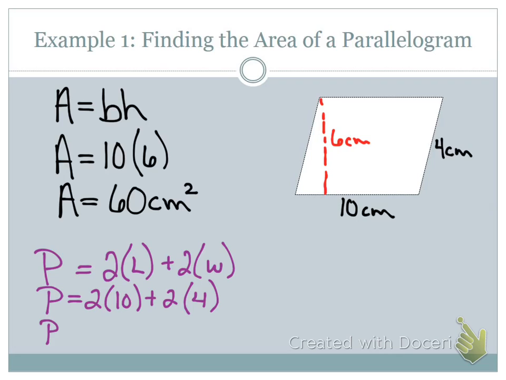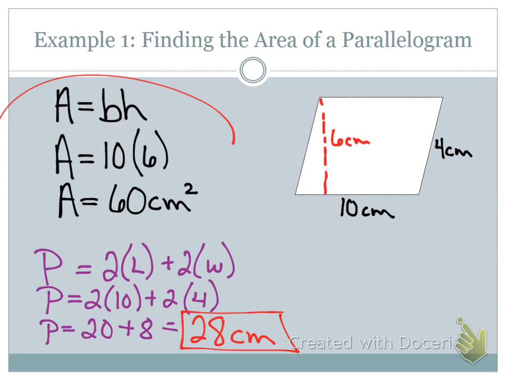So P equals 20 plus 8, so that's 28 centimeters. Now, technically, guys, you could just add up all the sides. 10 plus 4 plus 10 plus 4, and you would still get 28. So I'm not going to be picky necessarily on the formula for perimeter, but you do need to use the formula for area. I want to see BH, base times height. Do you see the difference between height and width?